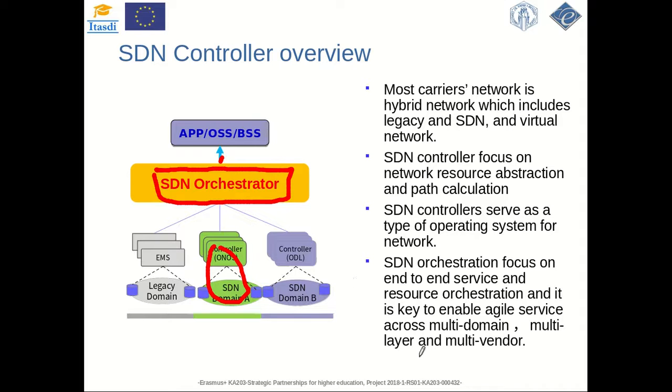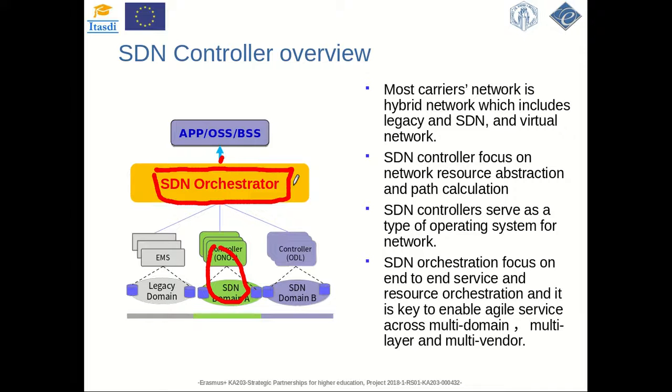SDN controllers focus on network resource abstraction and path calculation, how to find the shortest path provided with higher quality of service from the source of the packet to the destination. So actually this is the brain of the entire SDN network.